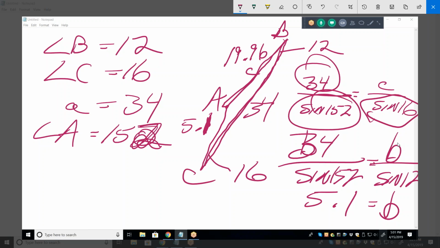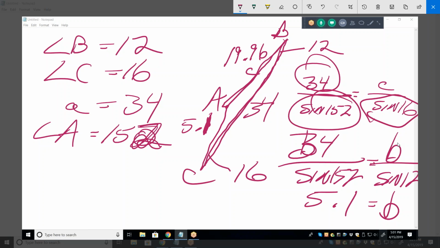And do we have the smallest angle opposite the smallest side? Because that always has to be true in a triangle. That's a theorem. If you have three different angles and three different sides, the biggest side is going to be opposite the biggest angle, the smallest side opposite the smallest angle, and the middle side opposite the middle angle.